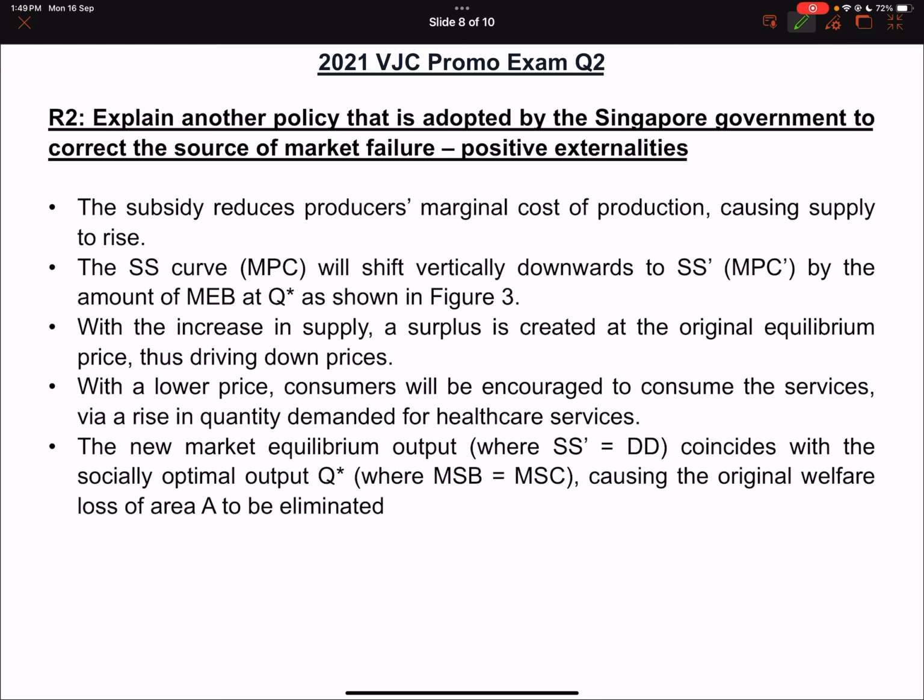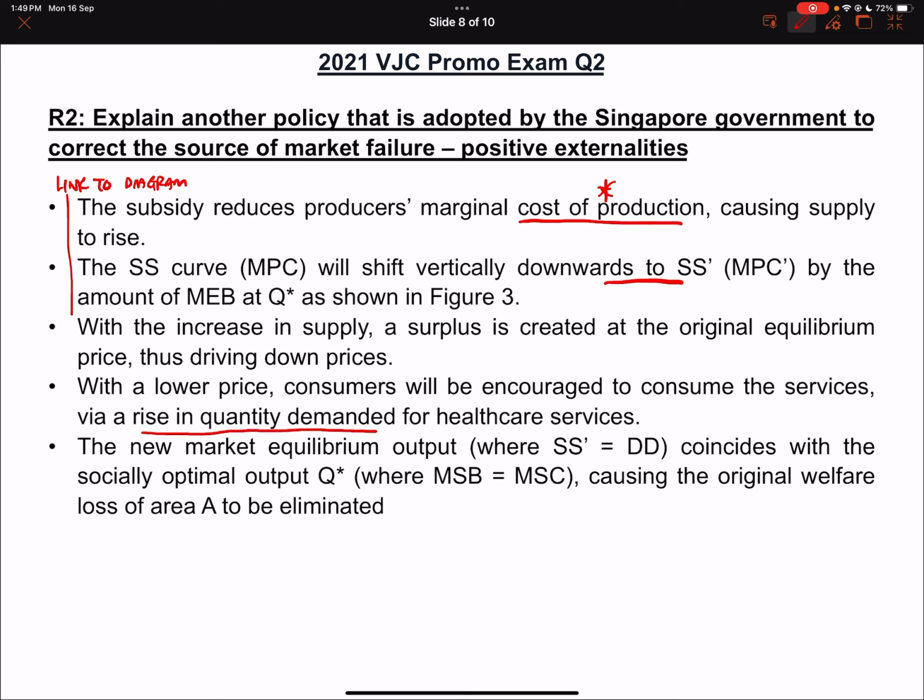So when you have a subsidy, how does it work? You have to make sure you write this. It lowers the cost of production, so it will cause the supply curve to shift downwards. You are describing a diagram, so link to diagram, and then you're lowering prices. When you lower prices, people will be encouraged to consume more, so therefore quantity demanded will rise.